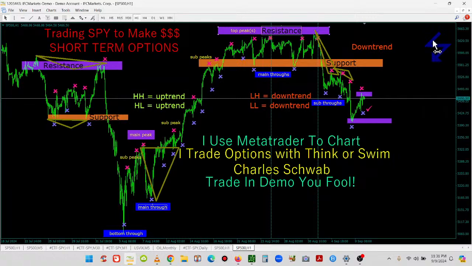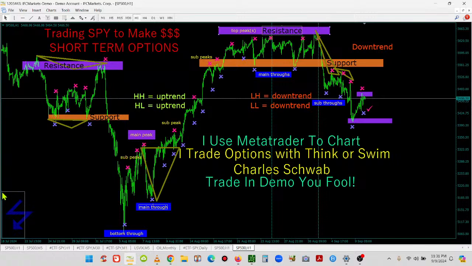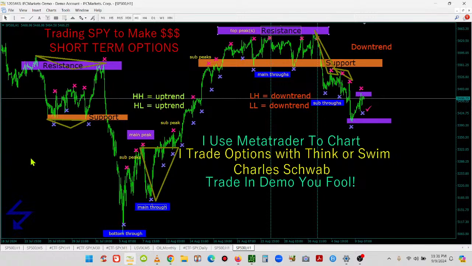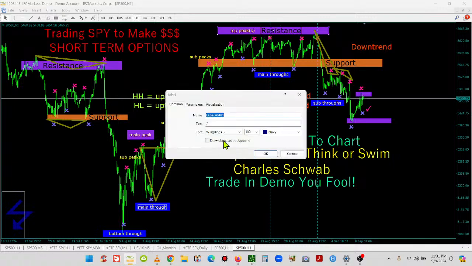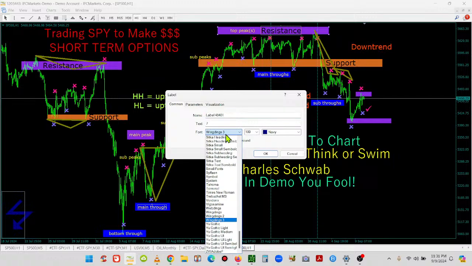Actually, I want to put it over here, right there. That looks better. Wingdings 7. But it's not Wingdings 7, but it is because that's Wingdings 3 font number 7. Let's see what Wingdings 2 is.